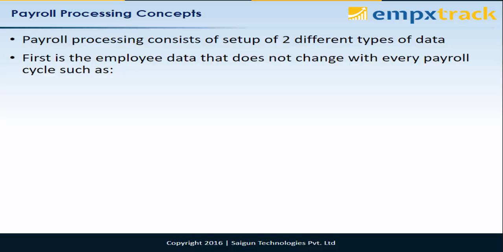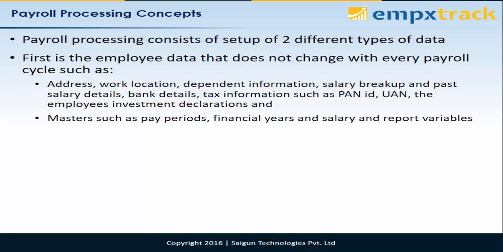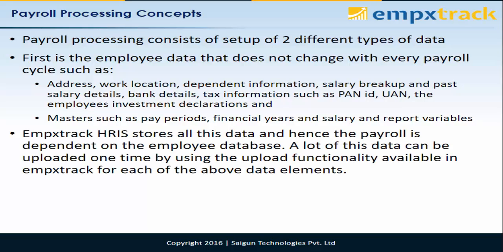First is the employee data that does not change with every payroll cycle, such as address, work location, dependent information, salary breakup and past salary details, bank details, tax information such as PAN ID, UAN, the employee's investment declaration, and masters such as pay periods, financial years, and salary and report variables.